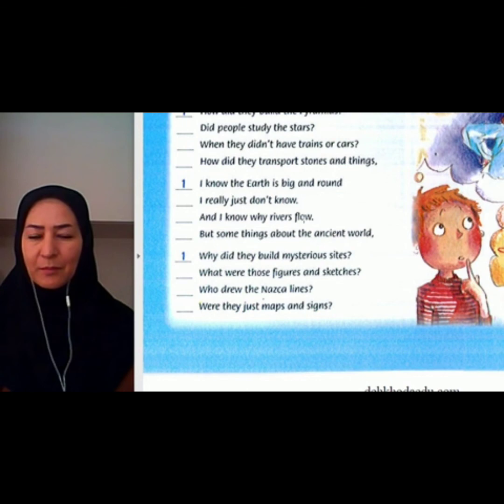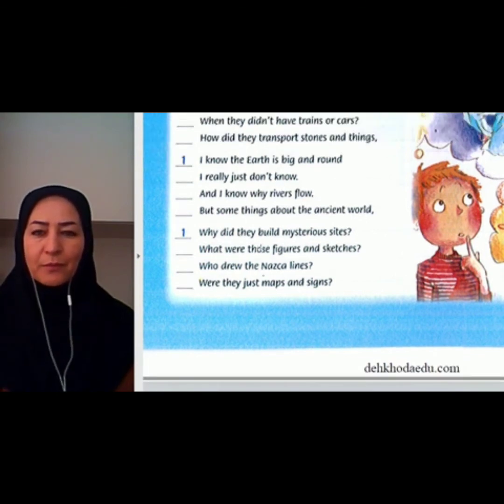Rivers flow. But some things about the ancient world I really just don't know. Why did they build mysterious sites? Who drew the Nazca lines? What were those figures and sketches? Were they just maps and signs?